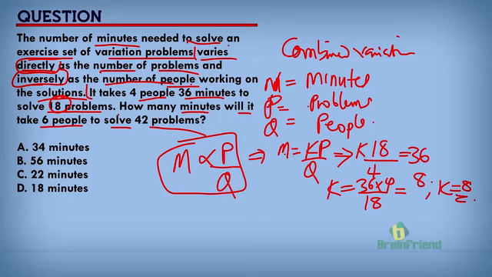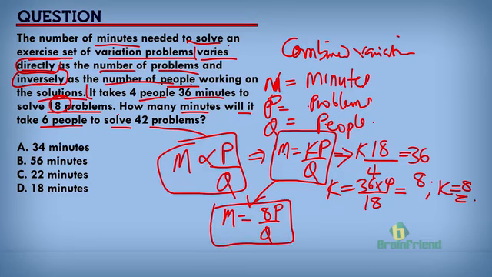So now that we know what K is, we can input it into this equation to give us a model equation. So M is 8P all over Q. This is our model equation. To get our unknown, we simply input the known and then we'll have the unknown.